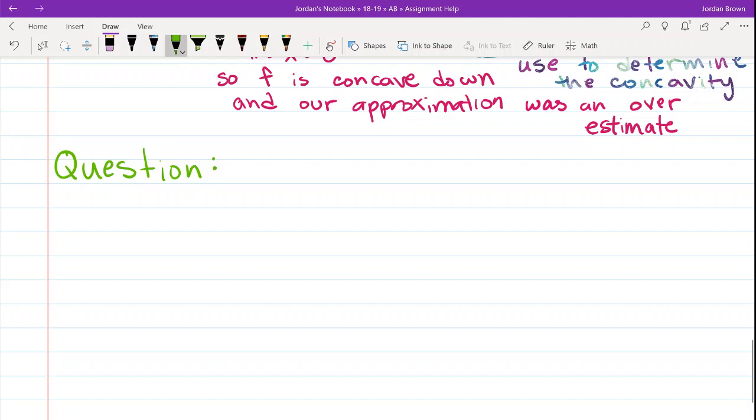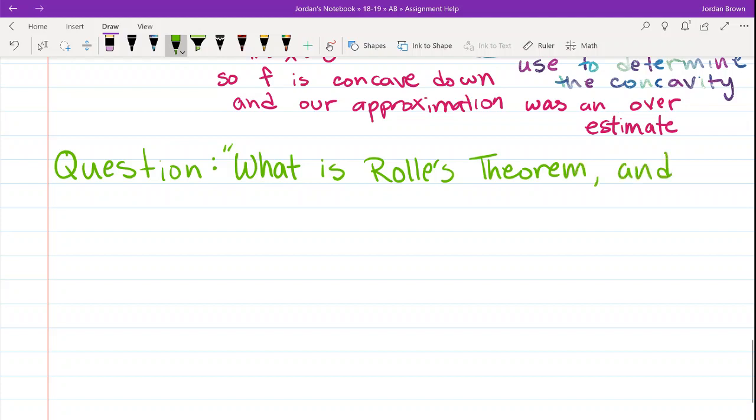Okay. So the question that we're going to answer is, what is Rolle's theorem? And how do we use it?